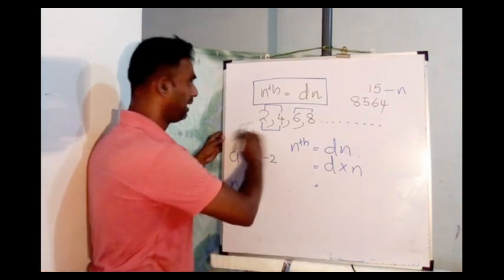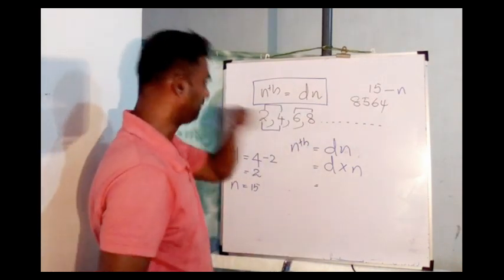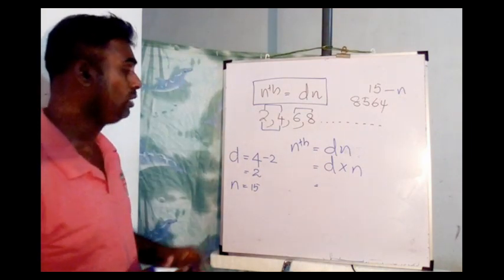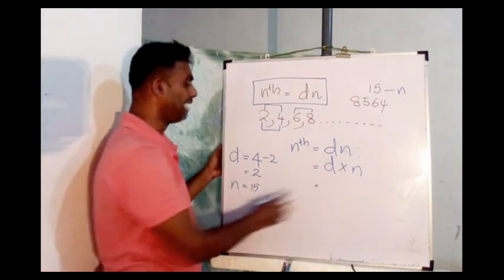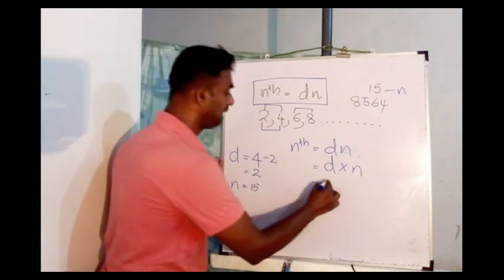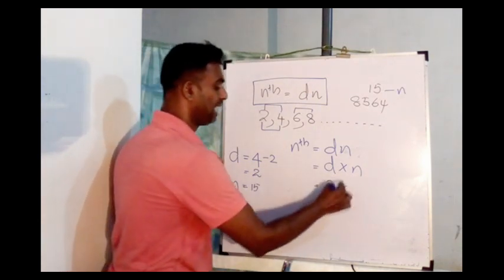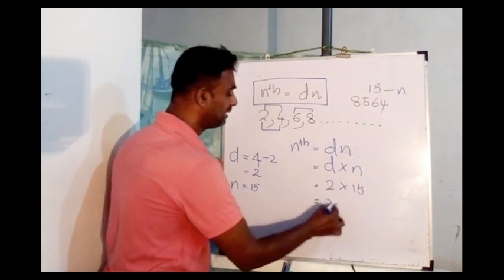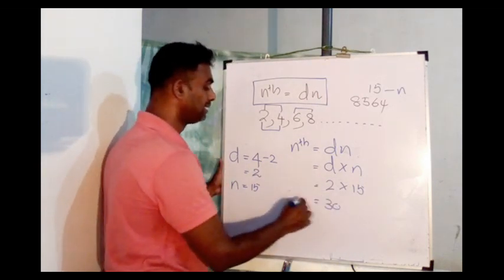Now we want to find the 15th term of 2, 4, 6, 8. We substitute these values into the equation: d is 2, n is 15. Therefore the nth term is 30. That is, the 15th term is 30.